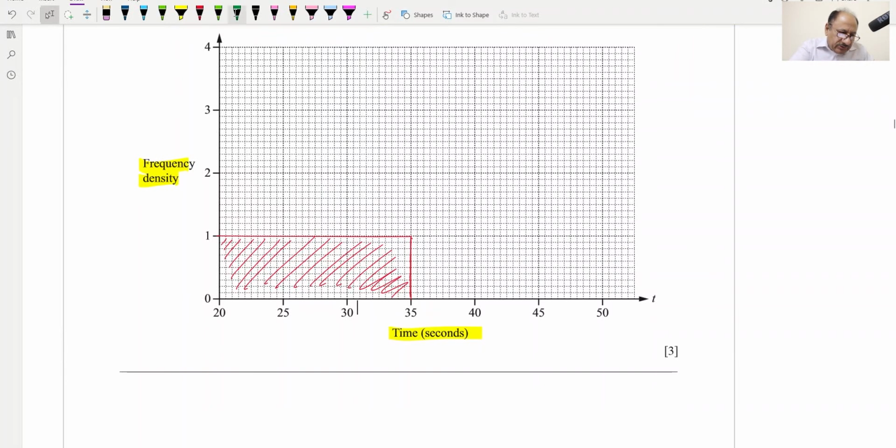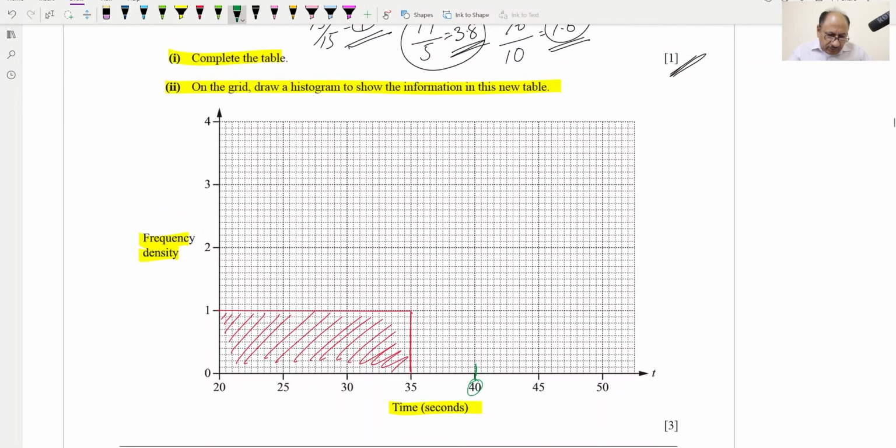So 40 is this one, up to 40, 3.8 will be up to this point. I will draw the line, this one and this side also. Then we close the bar from the top, and this will be the histogram bar for the second range.